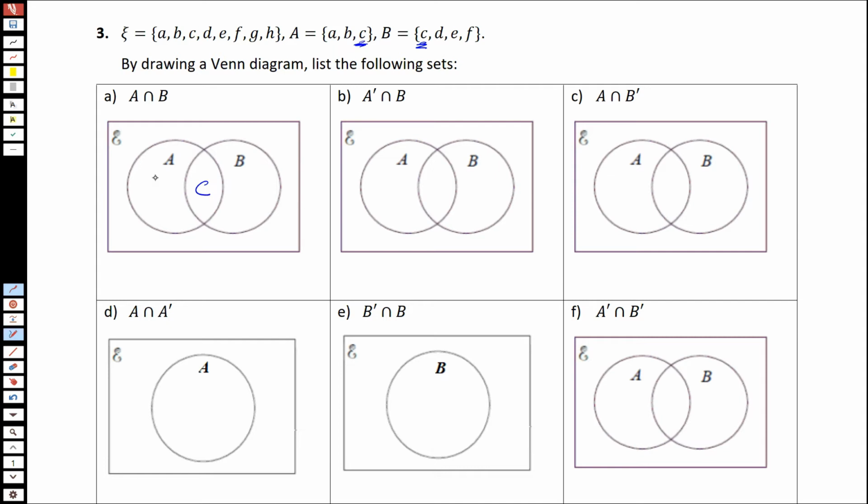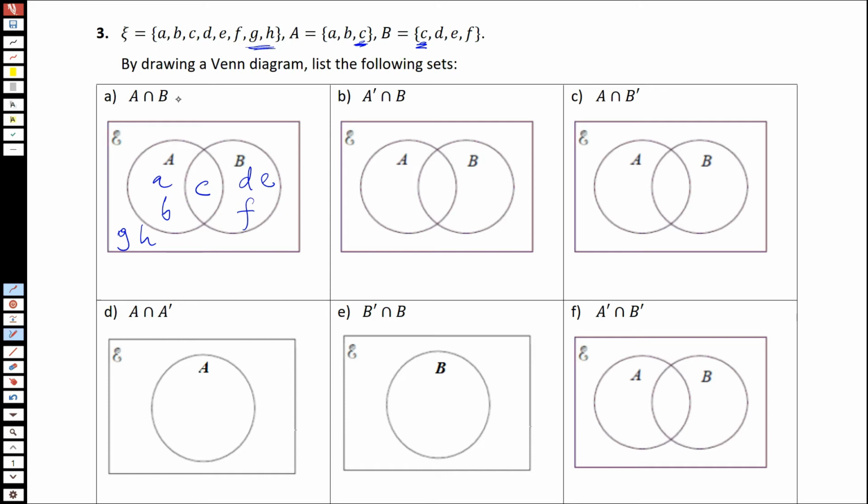Just A will be A and B. Just B will be D, E, and F. And then, of course, we have some elements here that are not in either A or B, and that will be G and H. So we'll just write G and H outside here.